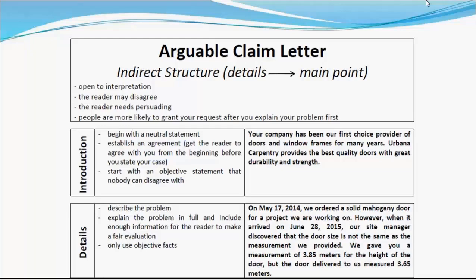Only use objective facts. Now, probably they spoke on the phone, okay? I would guess personally that they spoke on the phone, because if they had email or letter, they'll have a record. It will show that they asked for a door that is 3.85 meters, okay? So that becomes routine, very clear.